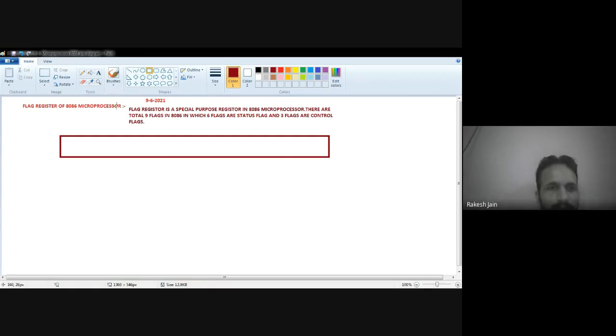We should draw all 16 bits over here, because it is a 16-bit microprocessor and 16 bits of data are present.